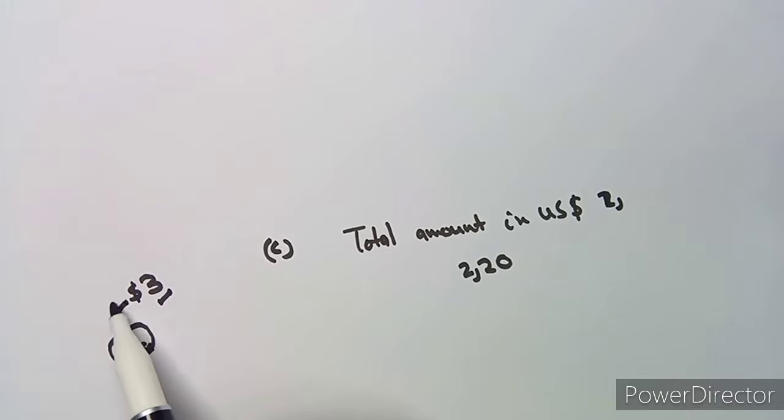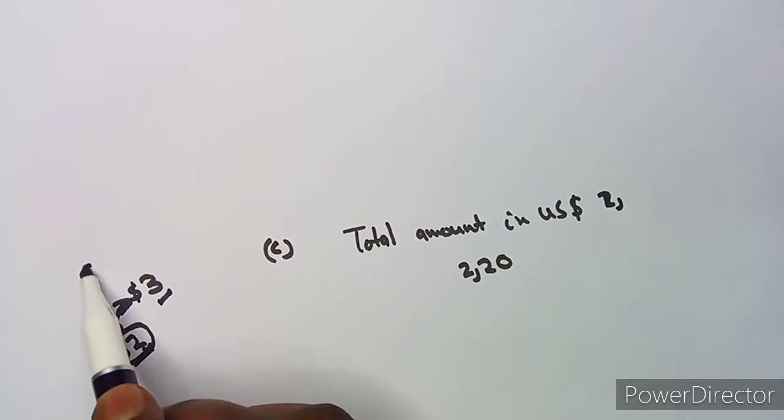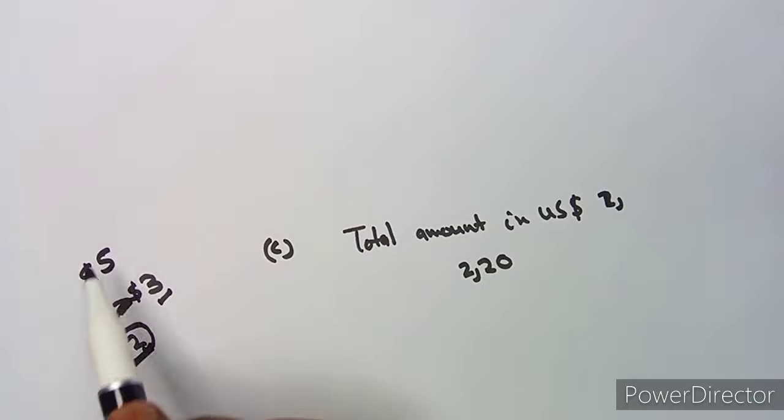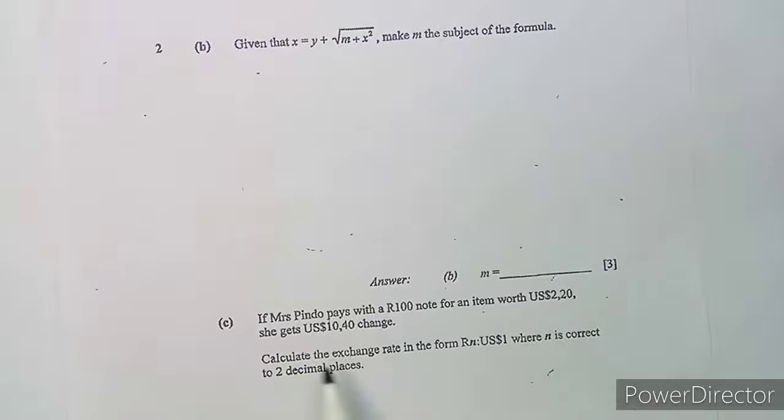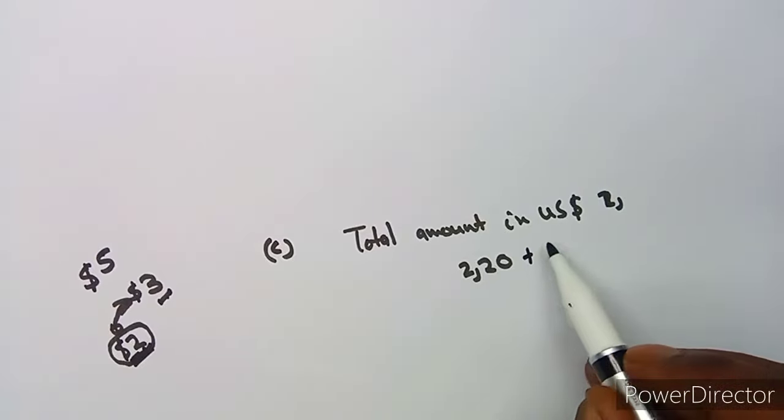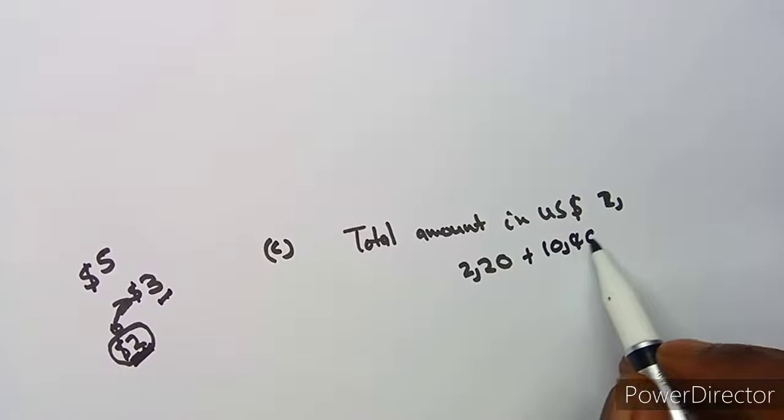That is the total amount that you had. Which means you paid with $5 for an item which cost $2, then you get a change of 3. So that is the case even here. The item is worth $2.20 and she gets a change of $10.40. So that's why we have to add $10.40 in this case.